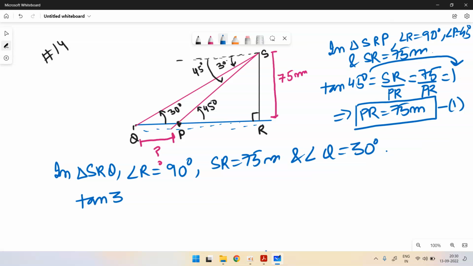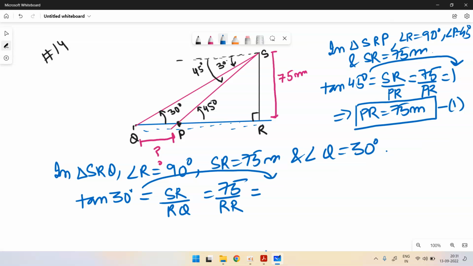Tan of 30 degree is nothing but SR by RQ. SR is 75 meters, and RQ we don't know, so we will write RQ, and tan of 30 degrees is nothing but 1 by root 3, which implies that RQ is nothing but 75 root 3 meters.